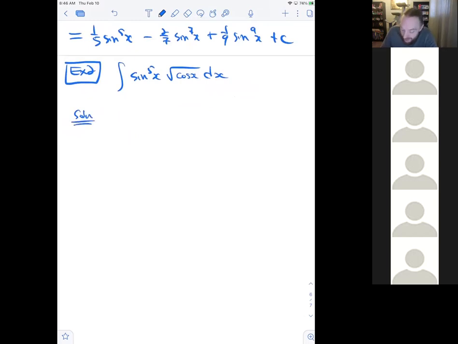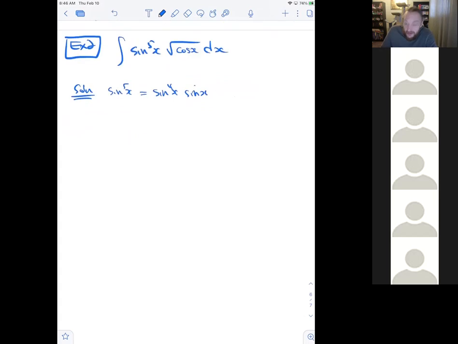I'm going to write sine 5x as sine 4x times sine x, and then write this as sine squared x squared times sine x, which is equal to 1 minus cos squared x squared times sine x.